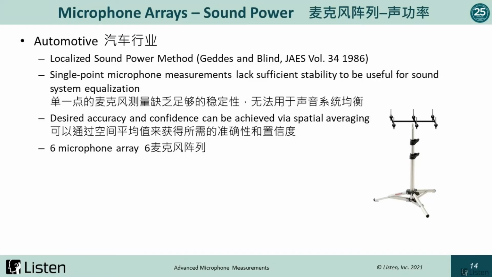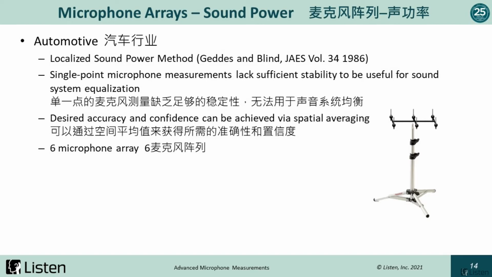And there's an automotive application I want to talk a little bit about. And this comes from a paper that was written by Geddes and Blind back in the mid-1980s. And the paper's called Localized Sound Power Method. And in it, the authors propose that a single-point microphone measurement lacks sufficient stability to be useful for sound system equalization.